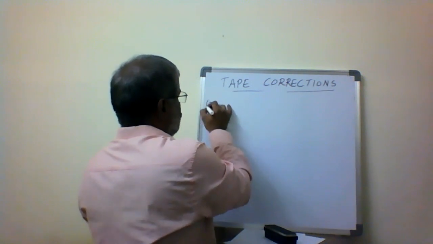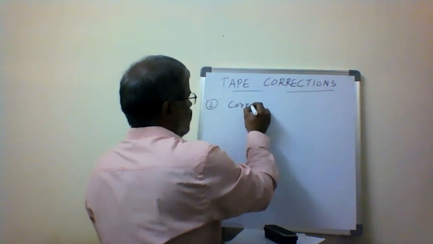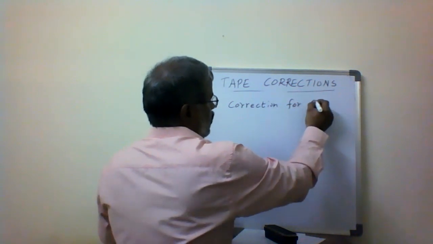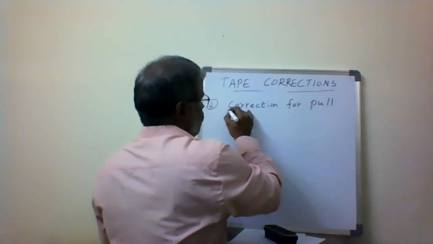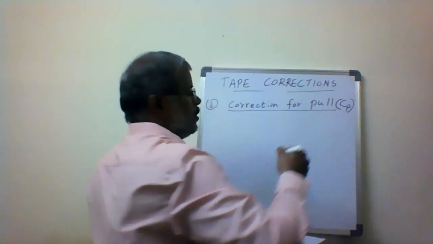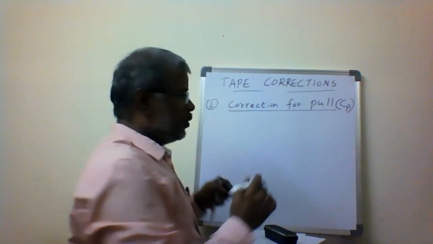Number 2, correction for pull. That is Cp. The second correction is correction for pull.